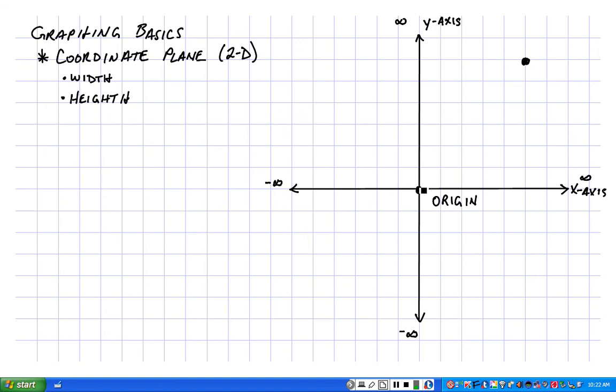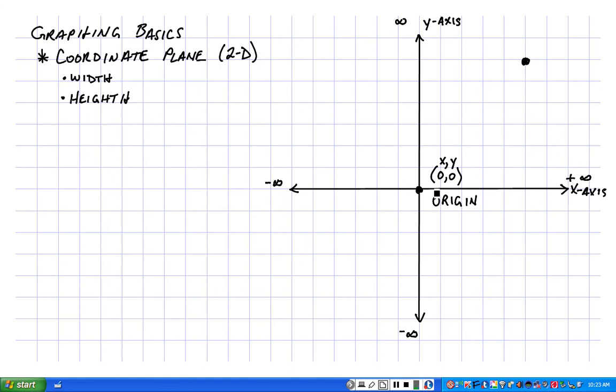Now we're talking about the point where the x and y axes cross. We're saying that's the origin, and the origin is known as (0, 0). So what does that mean? That means that x is 0 and y is 0. So if x is 0 at this point, then counting to the right of 0, we're talking about positive numbers.